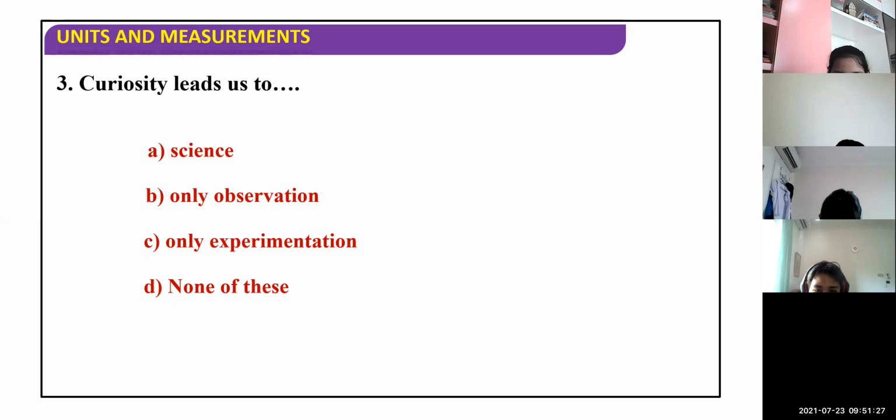This was there in the previous slides. Curiosity leads us to, anyone else? None of these. So it's A, science. It leads to science, that we discussed. It's a complicated question also, whether curiosity leads us to science, or observation, or experimentation. But if we just focus on the previous slide, then you will find that the answer is science.